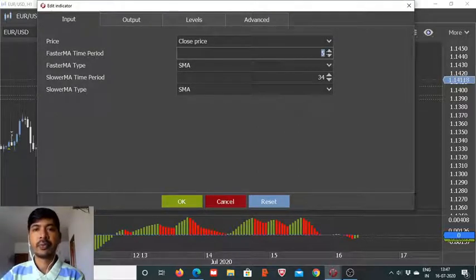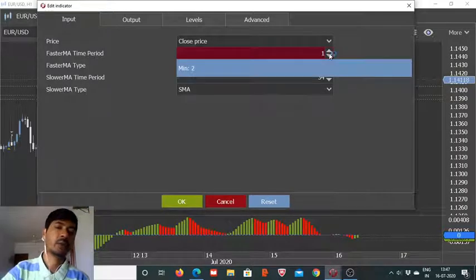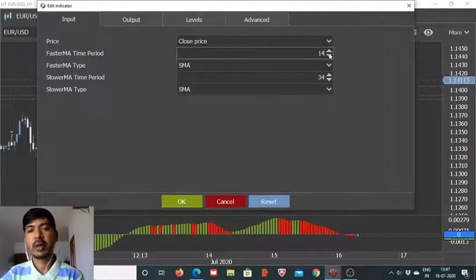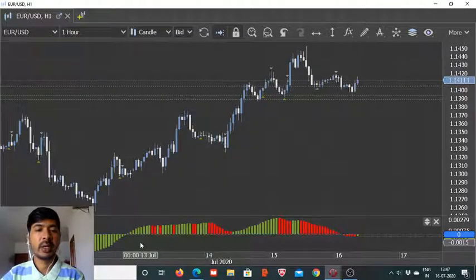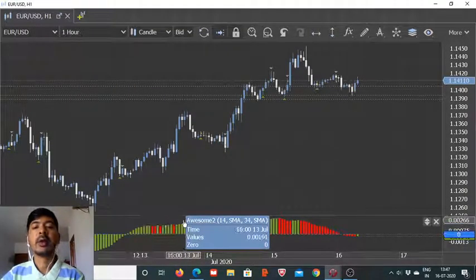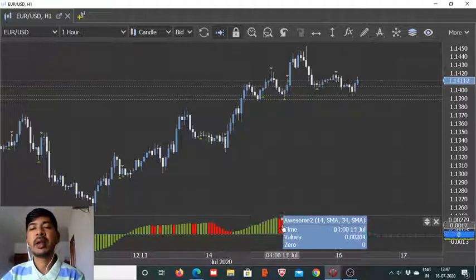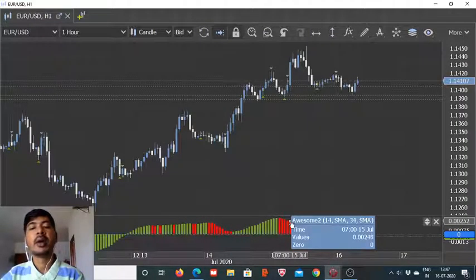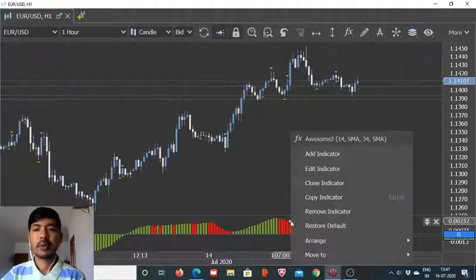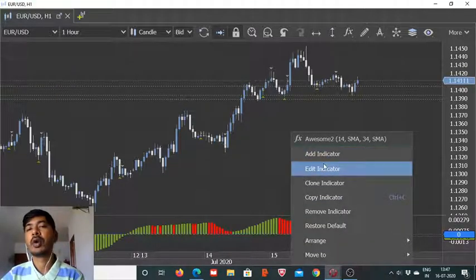Suppose if we change this to 14, then you will have a different output. As you can see here, the Awesome Oscillator's formation has changed a lot as soon as we changed its MA time period from 5 to 14.